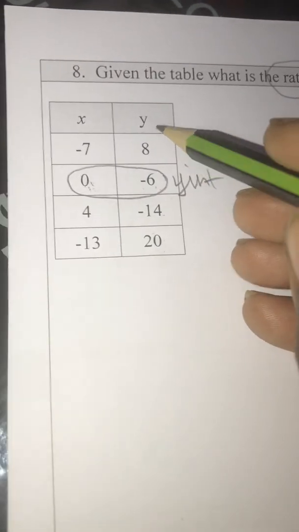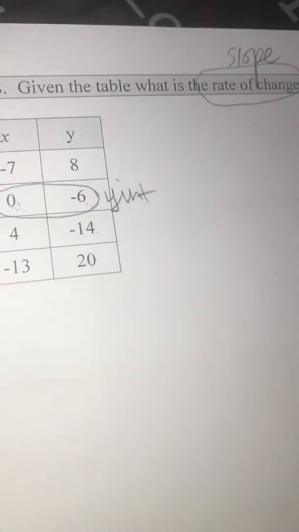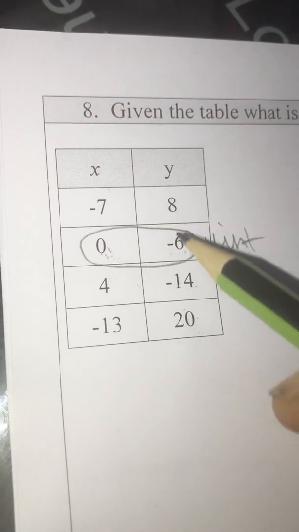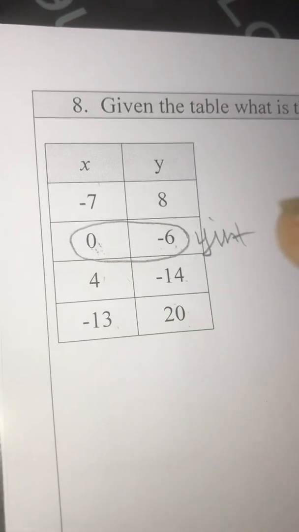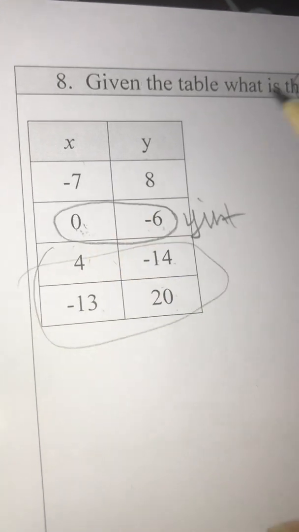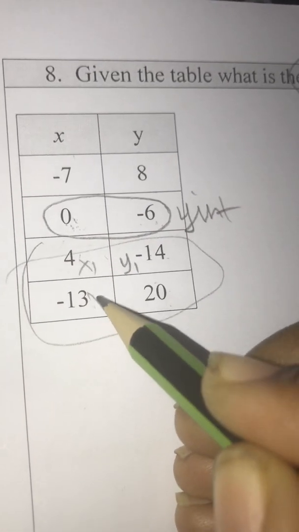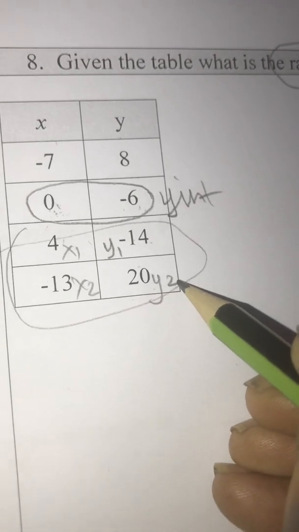Now I need to do slope. I pick any two. It doesn't matter. I'll choose these two. So this is my y1, this is my x1, x2, y2.